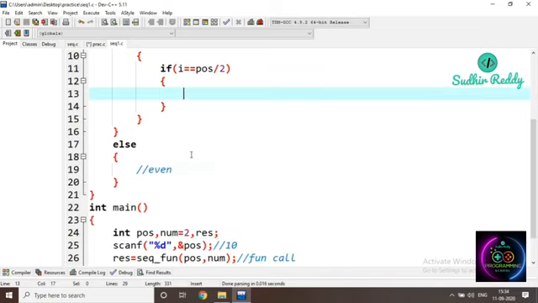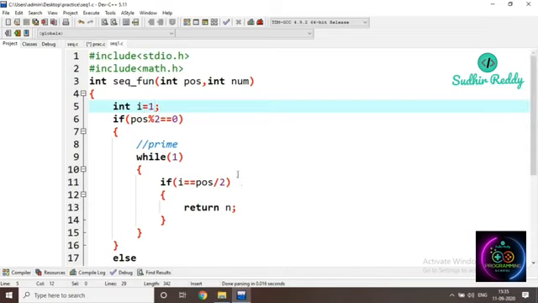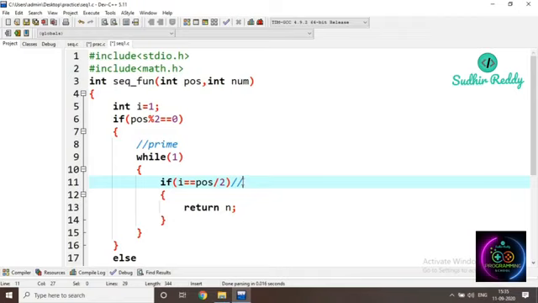Here, if both are equal, that means i is equal to position by 2, then I am going to return n. What is n? For example, I take i is equal to 1. Sorry, for example, the position is 2 and the i value is 1.